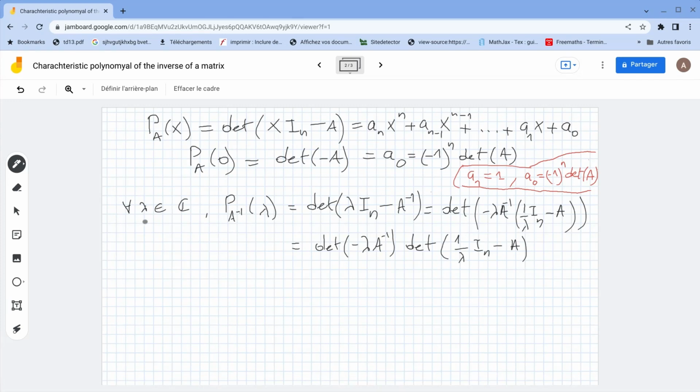This quantity is the characteristic polynomial of A, but evaluated at 1 by lambda. In place of x there is 1 by lambda. And the determinant of minus lambda A inverse is minus 1 to the power n, lambda to the power n, times the determinant of A inverse.